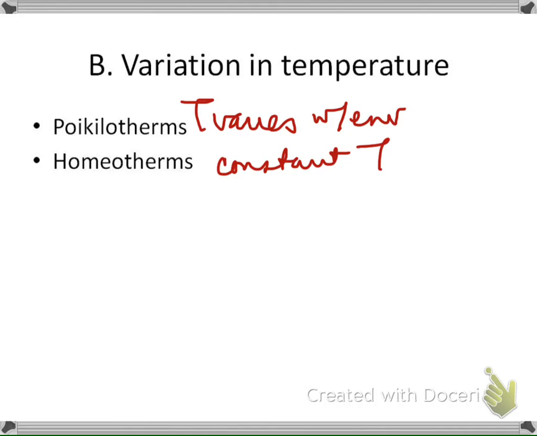But this is not necessarily the same as endotherm and ectotherm. Some ectothermic fish live in environments with stable temperatures, therefore they're homeotherms. And then you have things like bats and hummingbirds that enter inactive states in which they maintain a lower body temperature.